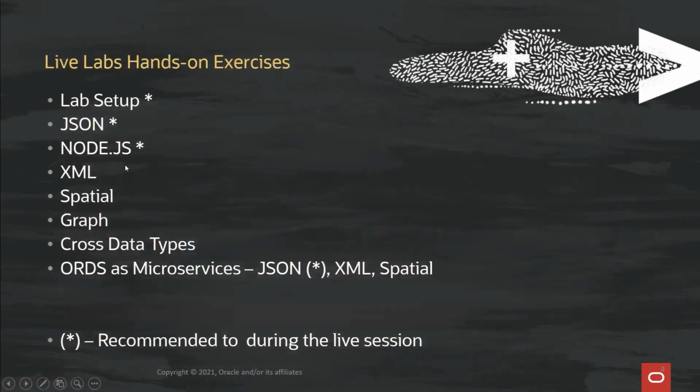These are the major activities in today's lab structure. We will first spend some time on lab setup because this can take up some time. Then once the lab is ready, we talk about JSON data type, how to manage it with Oracle database, what you can do, how to store, how to retrieve, etc. This will be followed by Node.js. You can notice we've indicated a star next to the first three steps.